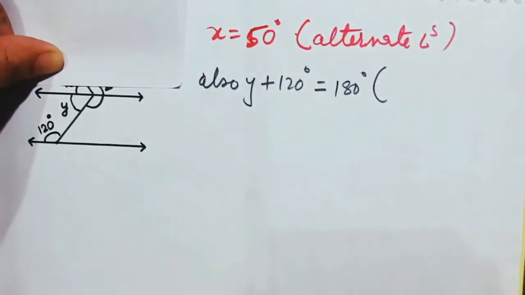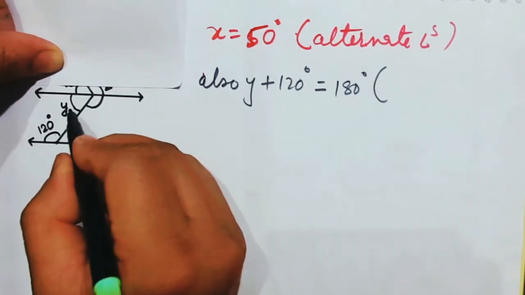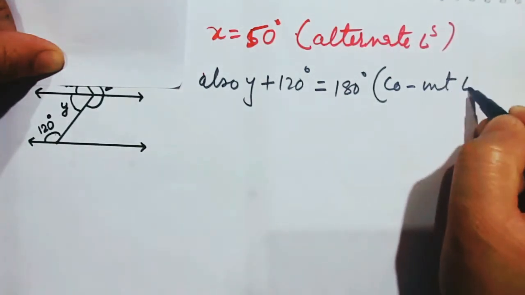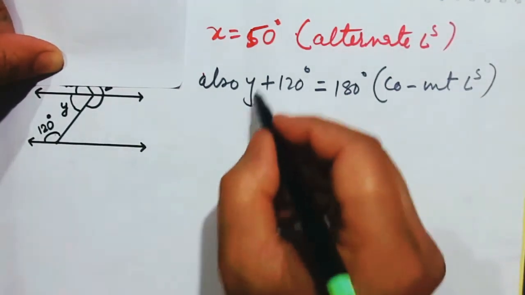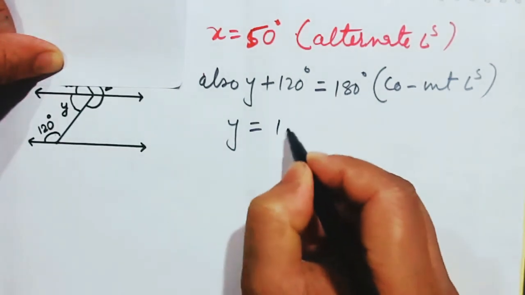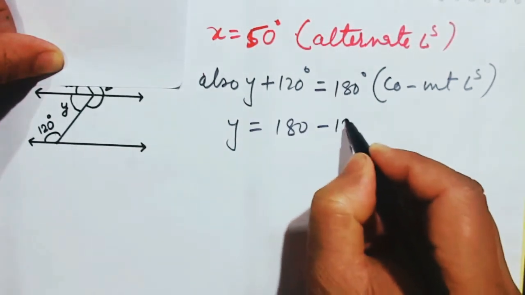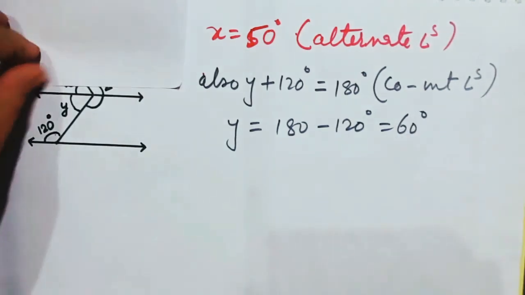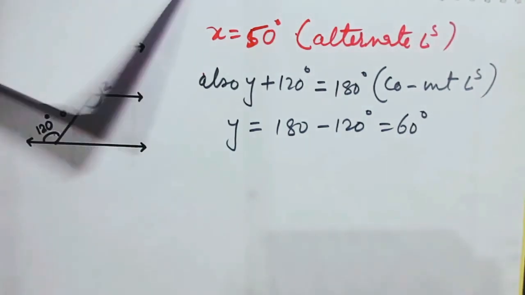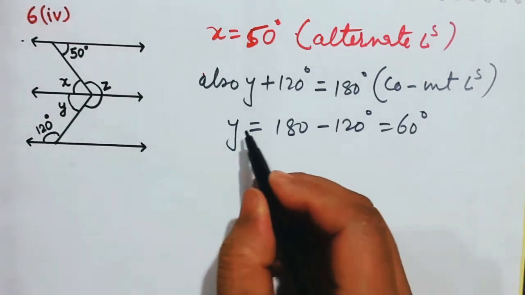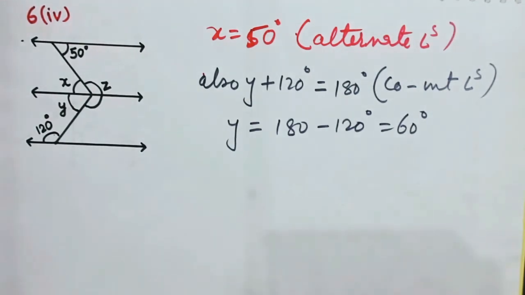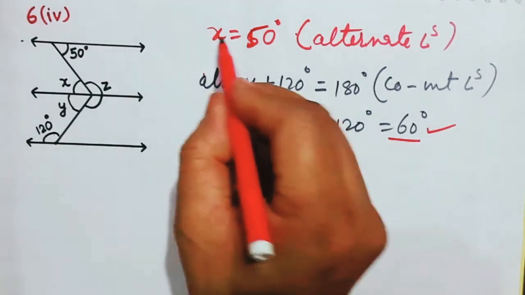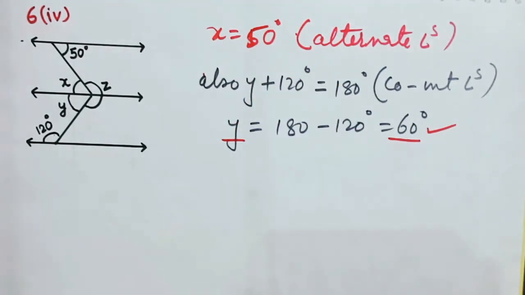What is the reason? They are co-interior angles. So here we can find out the value of y as 180 minus 120 degrees, which is 60 degrees. So what I found is that the value of y is equal to 60 degrees while the value of x is equal to 50 degrees.